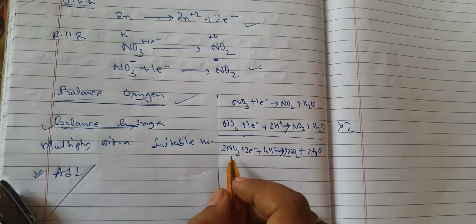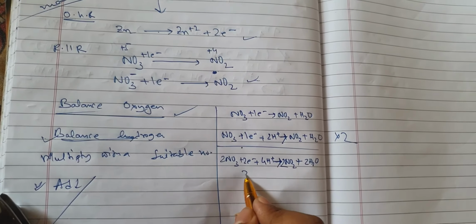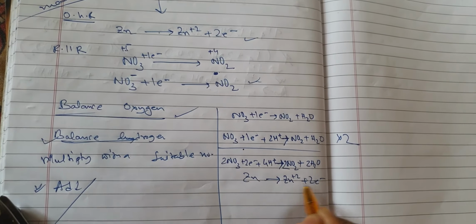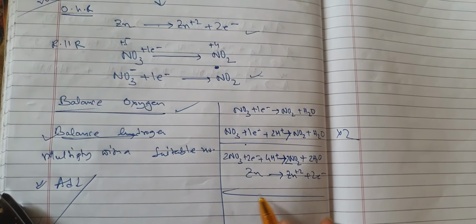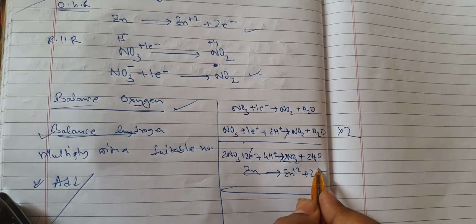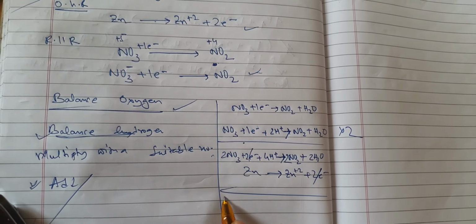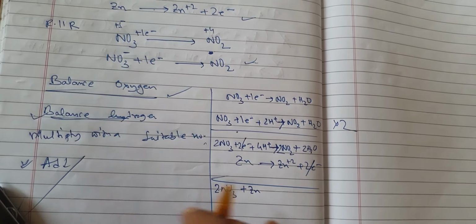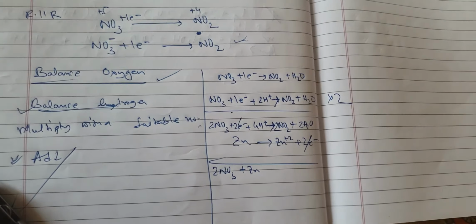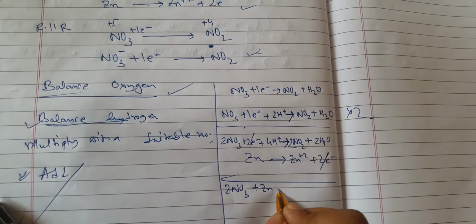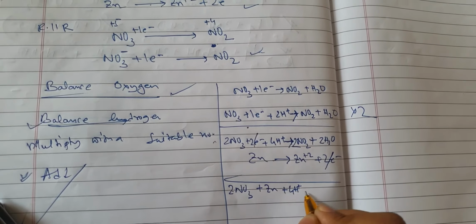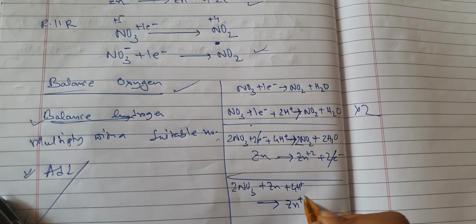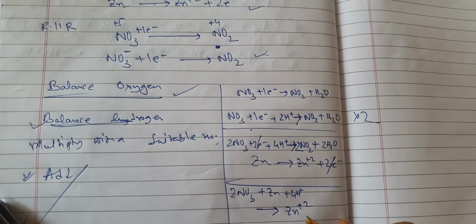Now you will write down Zn gives Zn2 plus plus 2 electrons. It is pretty easy. Now the 2 electrons cancel, so 2 NO3 plus Zn plus 4H plus gives Zn2 plus plus 2 NO2 plus 2 H2O.